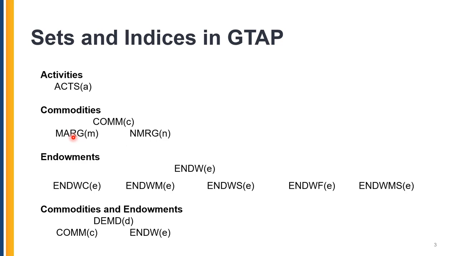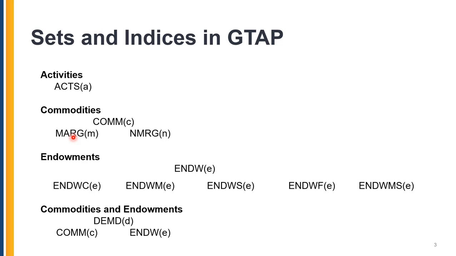But margin commodities are those commodities that could be sold to international transport. Now, the way GTAP is going to treat this, again in an advanced topic, is the trade margin. So you sell a good, you have to transport it somewhere outside of the country.